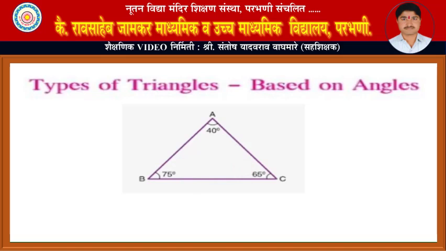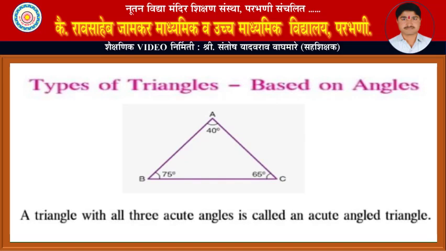All angles are less than 90 degrees, meaning all angles are acute angles. Such a triangle is called an acute angled triangle. A triangle with all three acute angles is called an acute angled triangle.